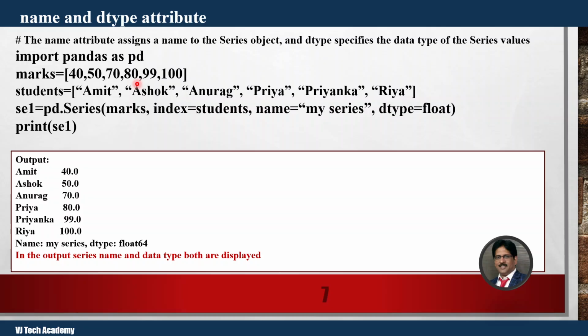So by default, when I create the series, the data type of it will be integer only. But because I am setting dtype equal to float, now all these values will be converted from integer to float. And when you print this series object, the name of the series will also be printed along with dtype as float. Let's do it practically.